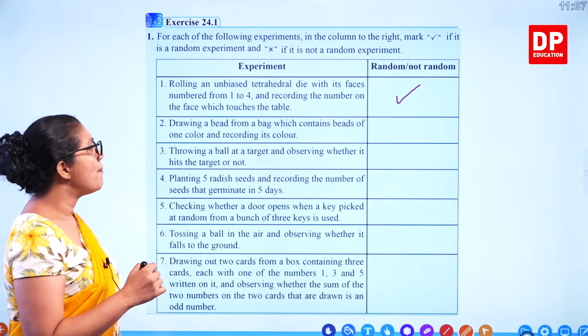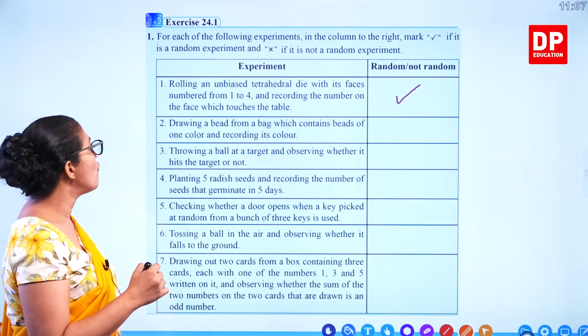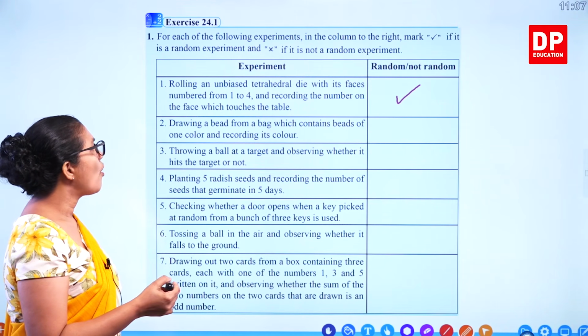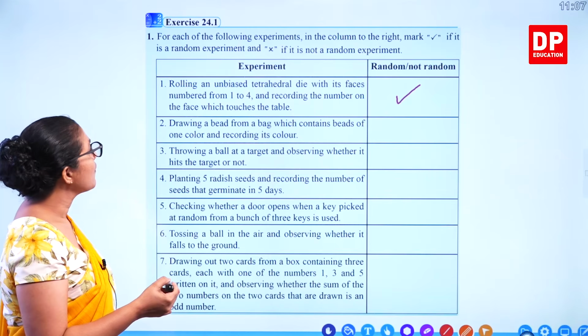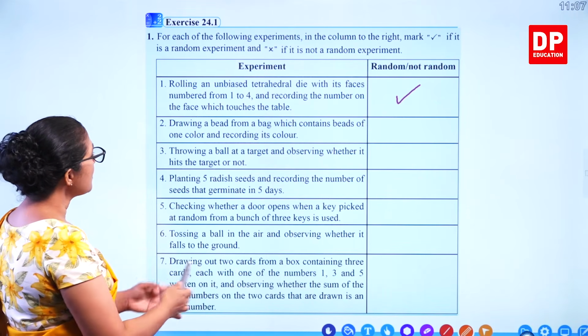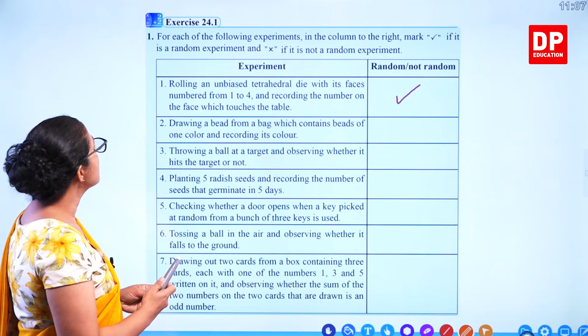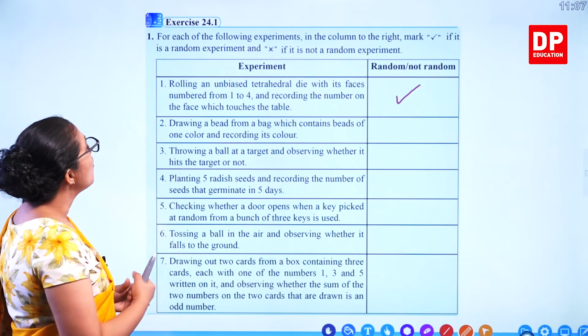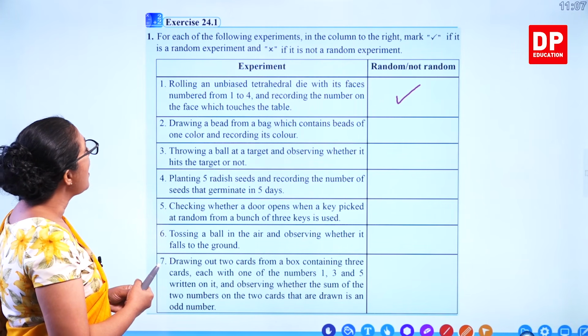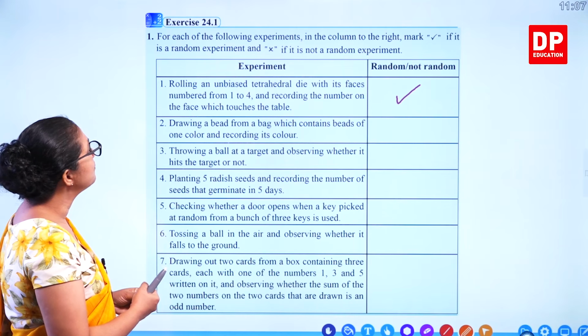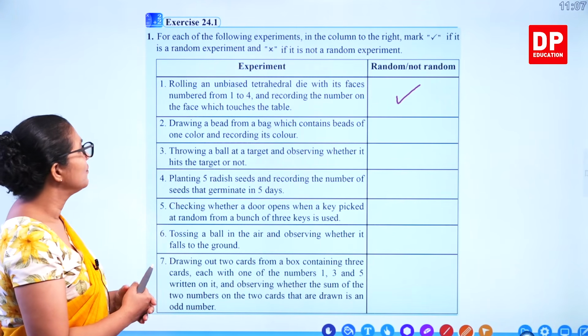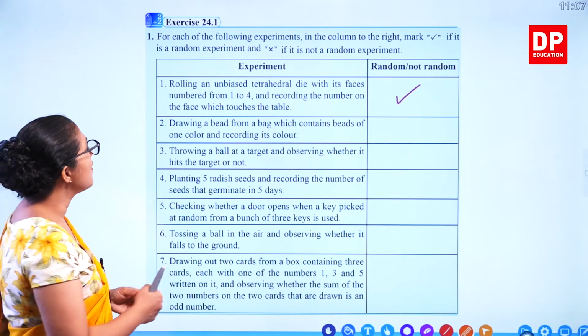Drawing a bead from a bag which contains beads of one color and recording its color. So here there are a lot of beads and you get 1 and observe the color. Is it random? All are the same color ones.